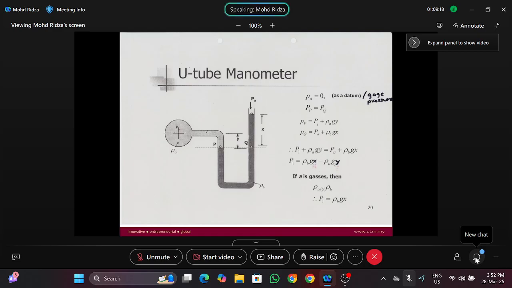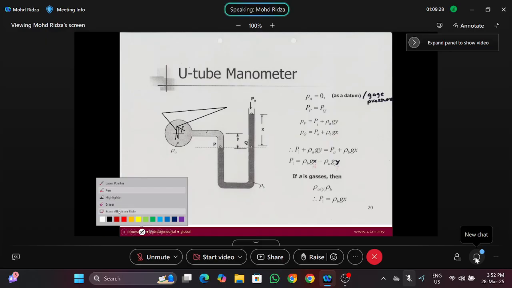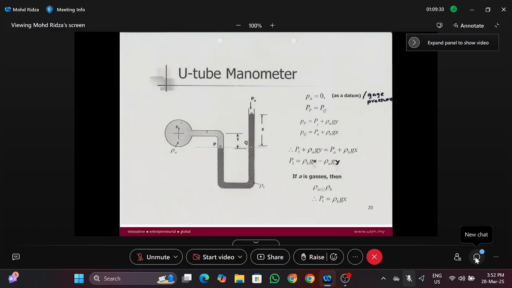If you don't understand the diagram, this is actually a pipe, but it's a cross section. We are looking at the cross section of the pipe. If I draw the longitudinal part, the pipe is something like this, going in that direction.